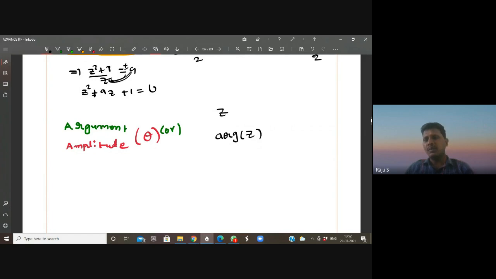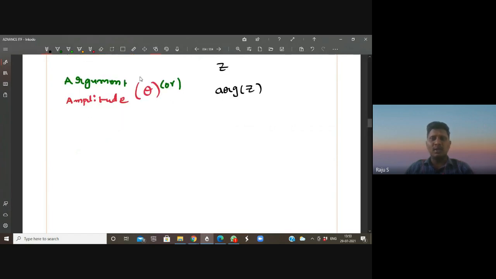So principal argument means the theta value lies between where to where? When the theta value lies between minus 180 and plus 180, lesser than or equal to plus 180, then theta is called the principal argument. We can take any point in the complex plane or Argand plane. For example, if I take P, any point here, P of x comma y, it makes an angle theta in the positive direction.